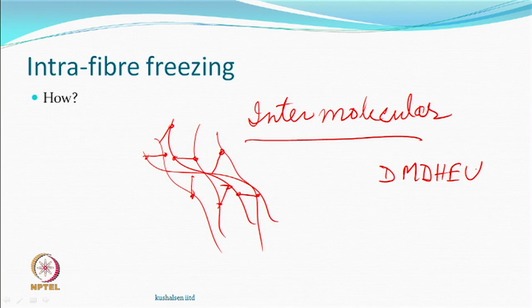After doing this, when you try to bend this material or change its configuration, these bonds will get stretched, and when you leave the force, they will like to come back to their own position. So, this is how you can do intra-fiber freezing of whichever position you have.